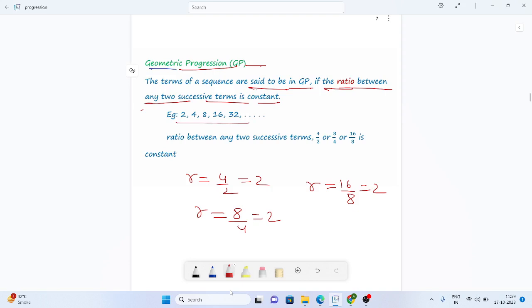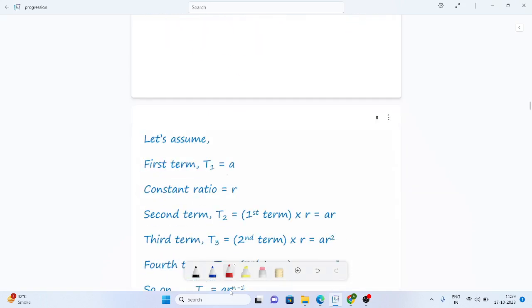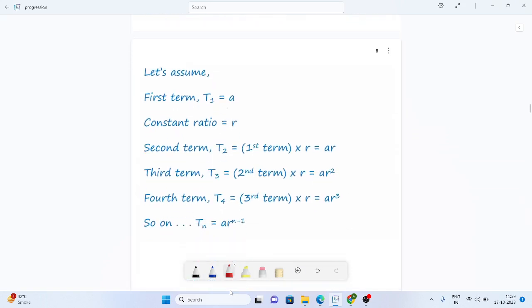Okay. So note down this. Then we see the formula of nth term of GP. So here if I assume first term as A and common ratio as R, if you multiply this common ratio into the previous term, you get the next term.